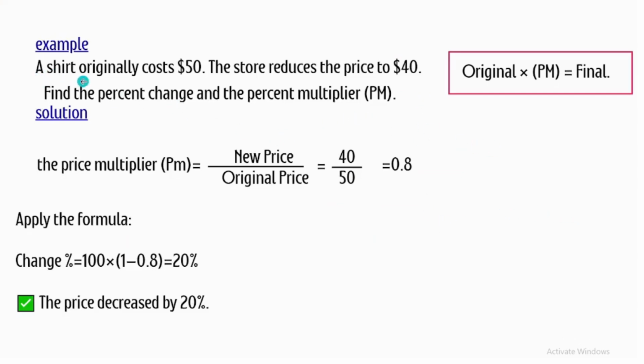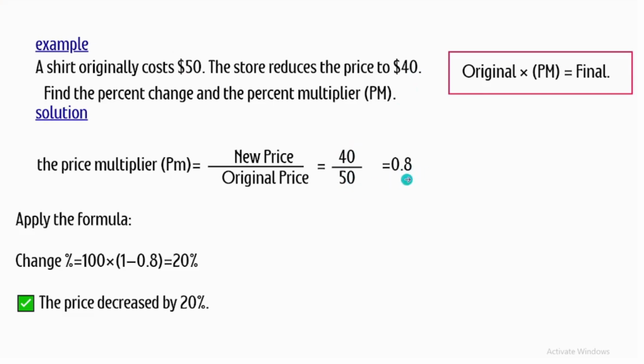Let's take an example. A shirt's original cost is 50. The store reduced the price to 40. Find the percentage change and the percent multiplier. Of course, we have original times multiplier equals final. We will divide to find the PM: final over original. The final equals 40 and the original is 50.